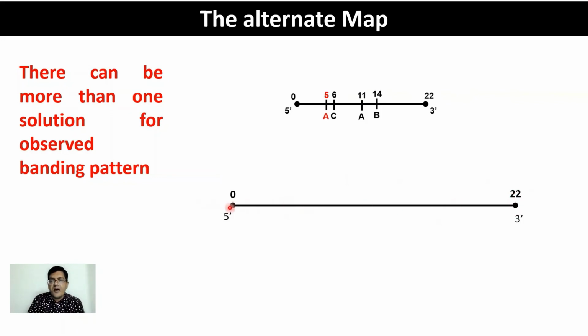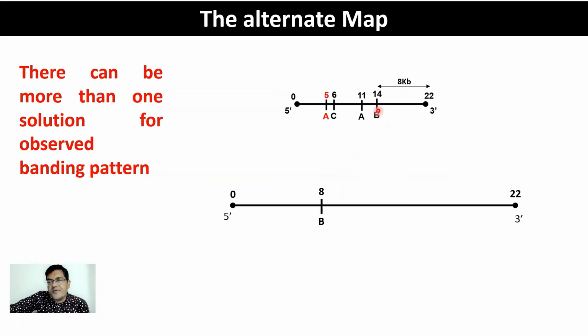And on this map, I will start marking positions of these restriction sites in the reverse order from the first map. If you see here, between B and the terminal end, the distance is 8 kilobases, 22 minus 14. So that is our first position on this new map. So we mark B at 8 kb here, right?